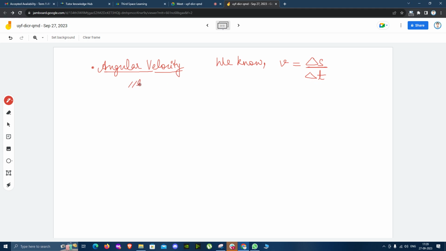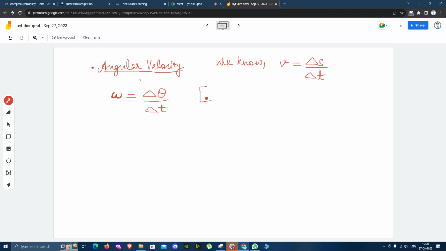Similarly, in the same way, we can say angular velocity is omega. We call it omega. The symbol used is omega here. This is not w but omega. We can say it is the change in the angular displacement with time.